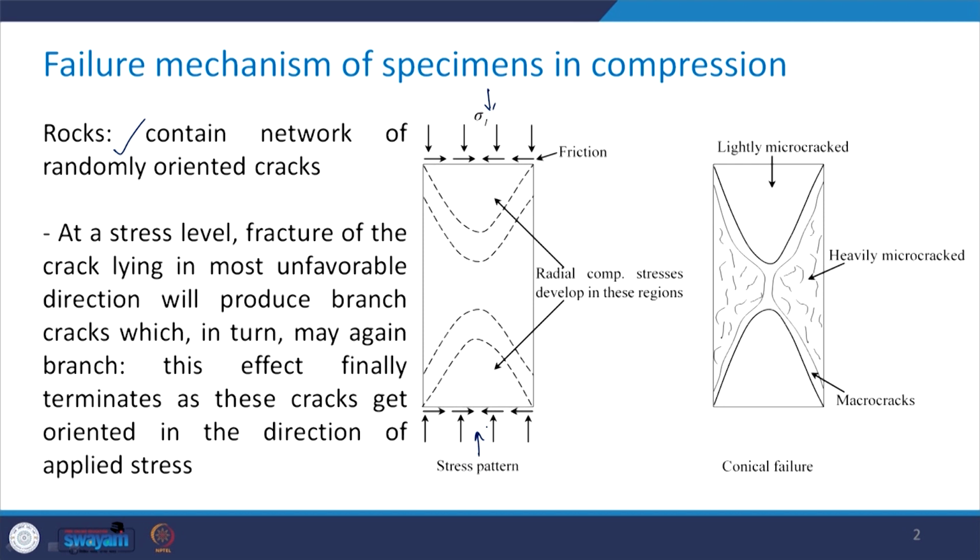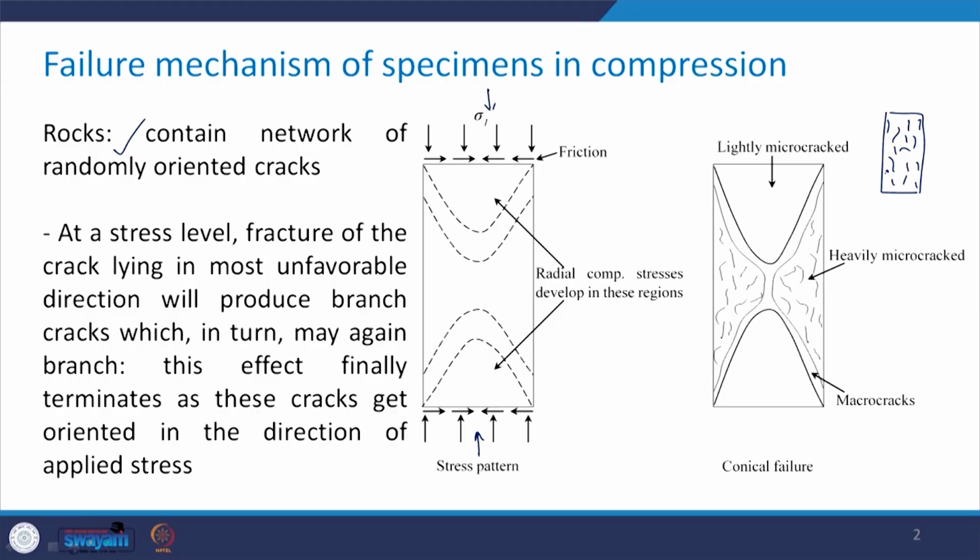Whichever crack is lying in the most unfavorable direction, that crack will start propagating and it will produce a branch of the crack, and with the increase in this load, this branch will again branch. So you have the initial crack, upon the application of the load this branching will take place, and these branches will again develop further branches.